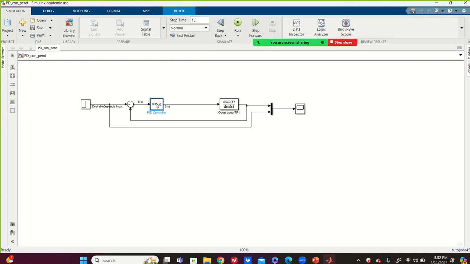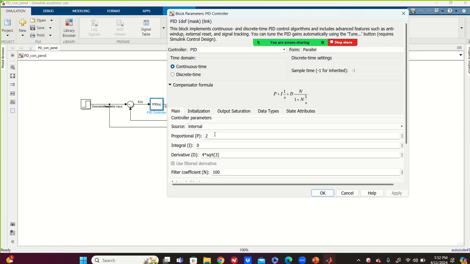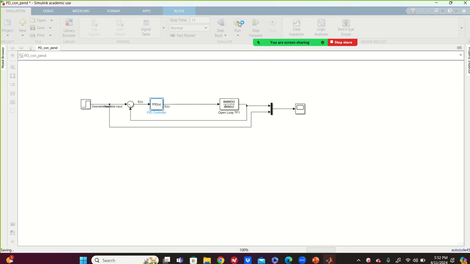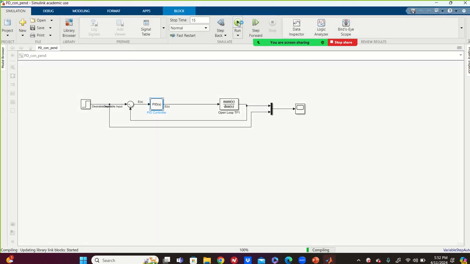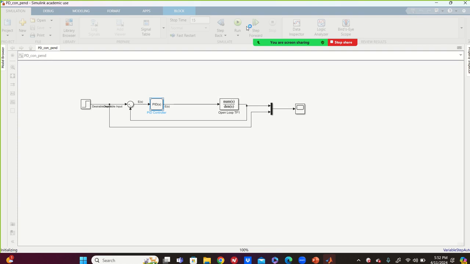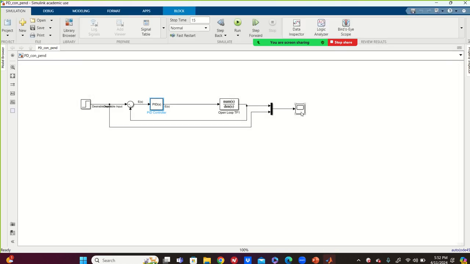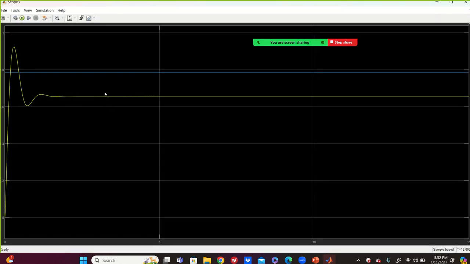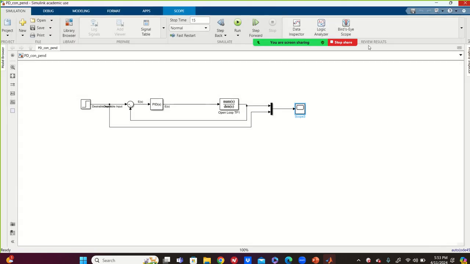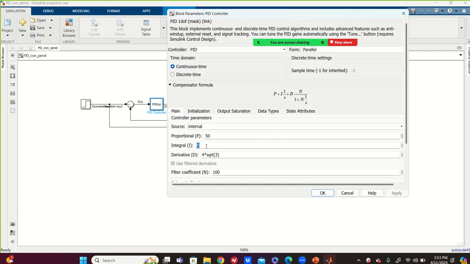If I increase even this to, I don't know, 50, it's not a good solution. It reduces that, but it has overshoot and a high gain, and this is not good. So that's why, as I showed you by the final value theorem, I add the I controller.